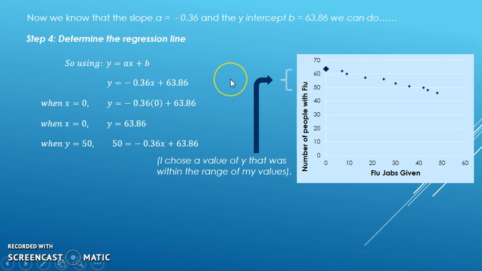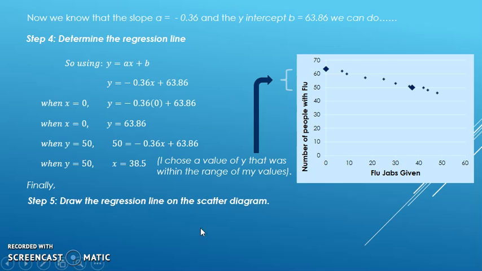So that's why I chose 50. It would be no good choosing 30 because we have no values at 30. So rearranging this equation, when y equals 50, x equals 38.5. So let's plot when y equals 50, x equals 38.5.